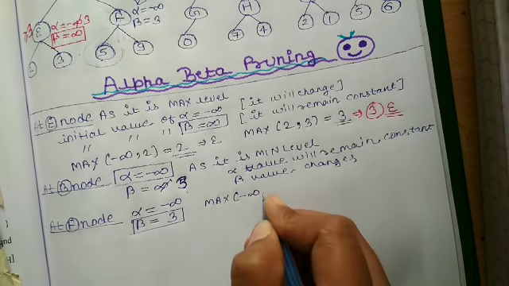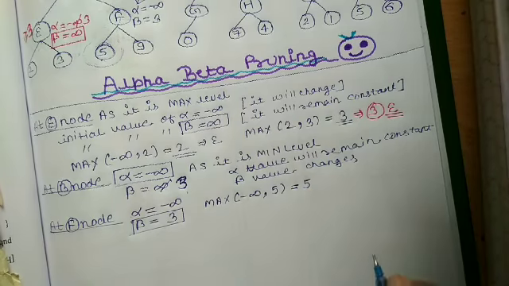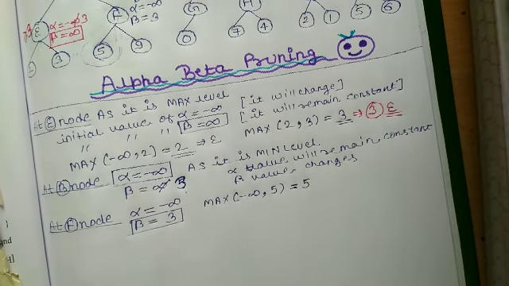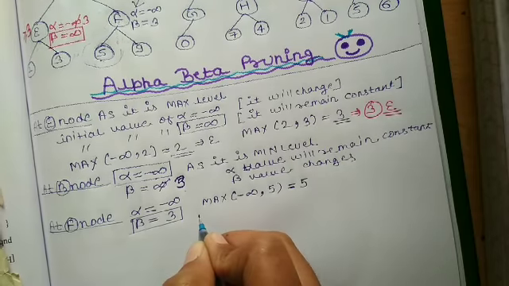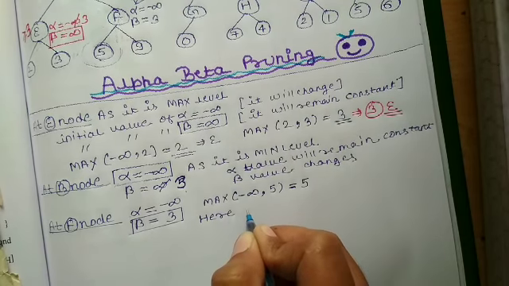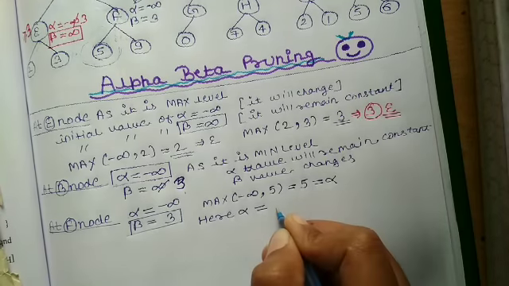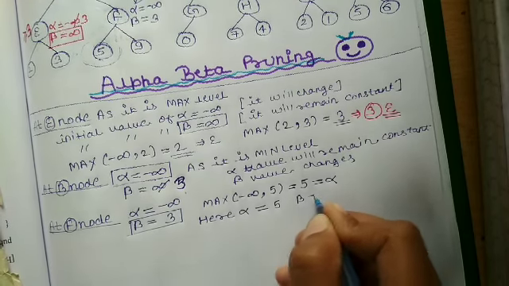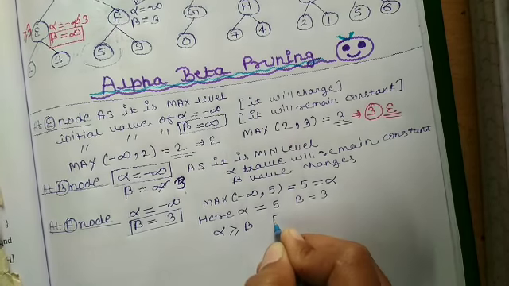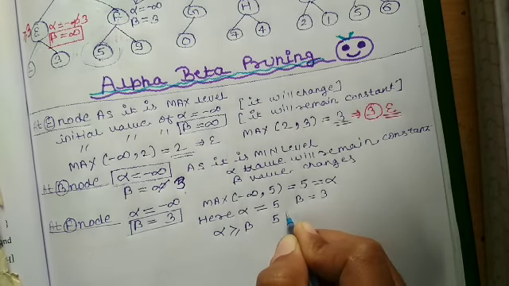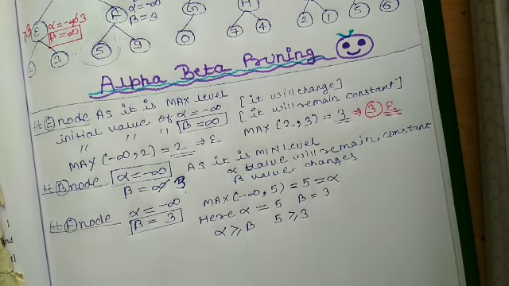Minus infinity comma 5 will become 5. After this, one important concept is applied here. Alpha will become 5, beta is equal to 3, and the condition is alpha is greater than or equal to beta: 5 is greater than or equal to 3.